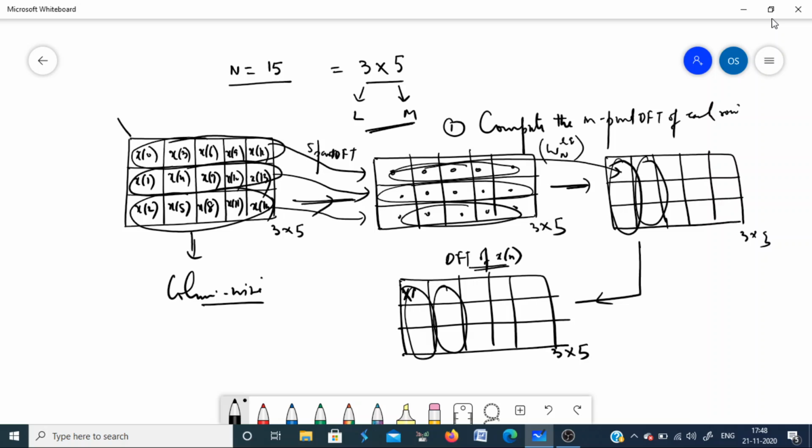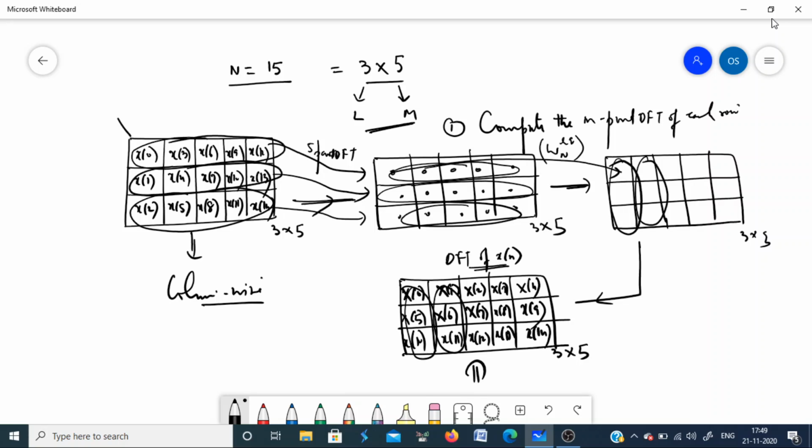It means you will get x0 here, then x1, x2, x3, x4, then x5, 6, x7, 8 and 9, 10, 11, 12, 13 and 14. This will be your final answer.